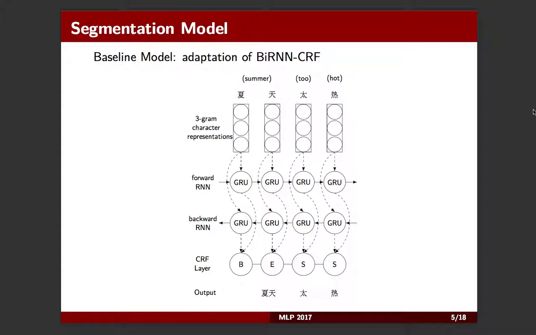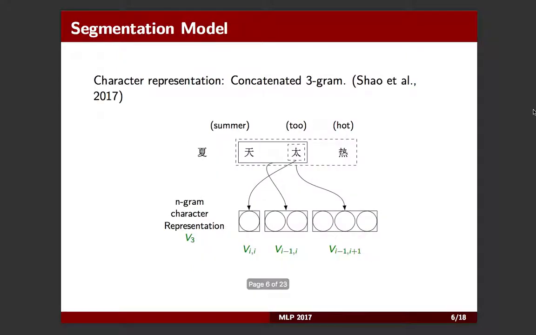So first, let's take a closer look at the character representations. So in this work, we adopt the concatenated trigram model. So in this example, we have the third character as the pivot character. Its vector representation under this context is the context-free vector of the character itself plus the local bigram and the trigram.